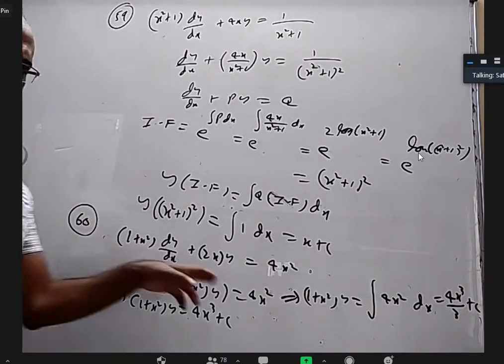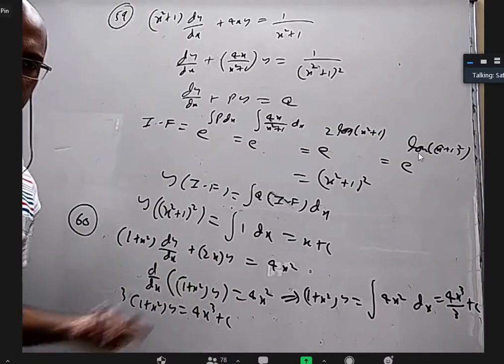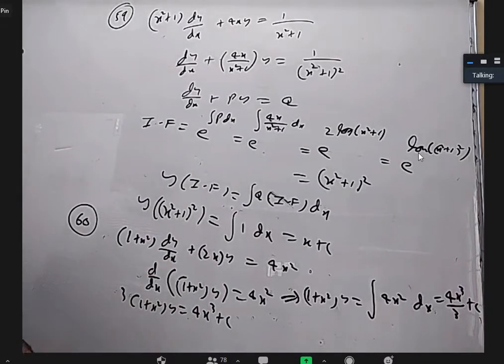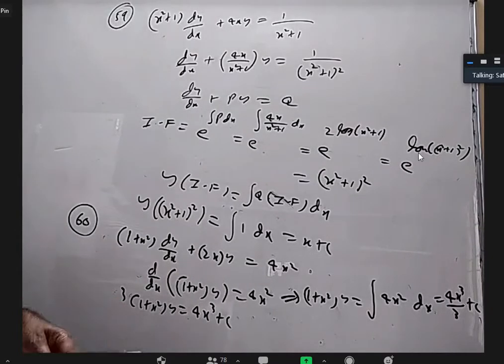I could have done the integration factor, but the whole essence of this is to write it as the derivative of a product, right? So why not do that directly? Okay, those are completed. Just try 61, 62. We'll be doing all of them in the class because we have IP work also. That's why I'm doing this.